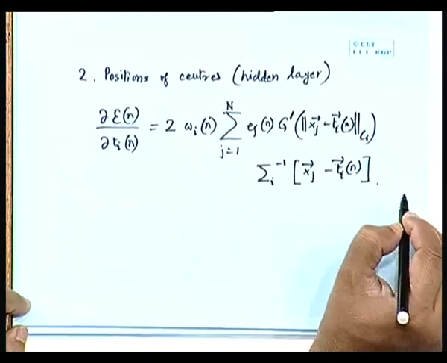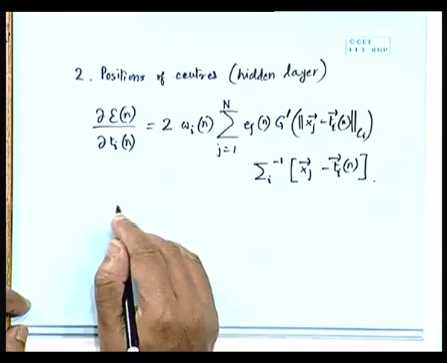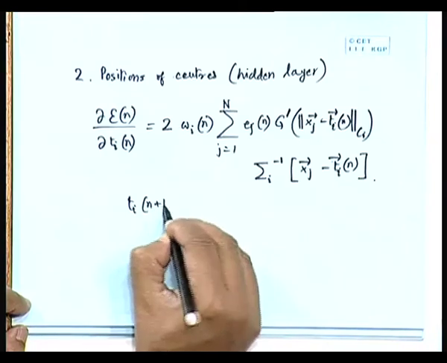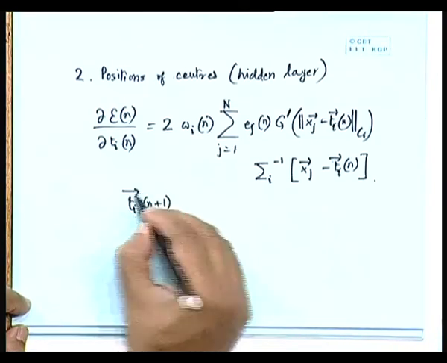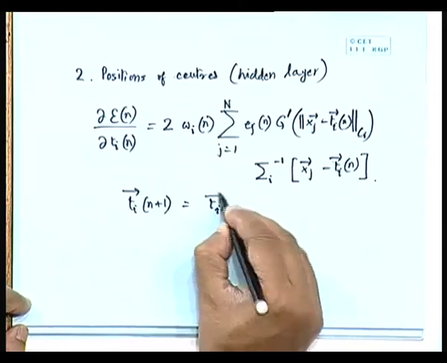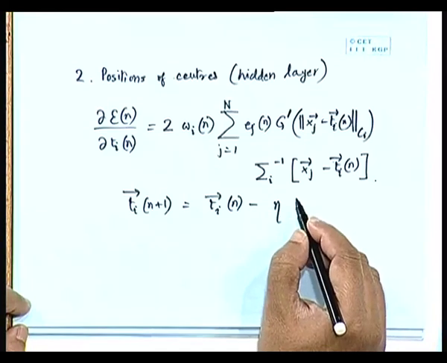All right. And here you say that our T_i(n+1) becomes equal to T_i(n) minus again some learning rate.